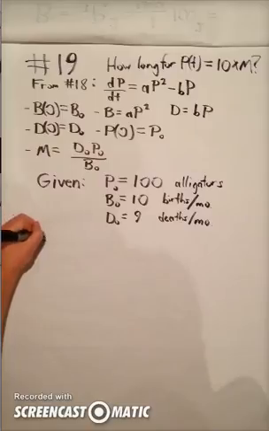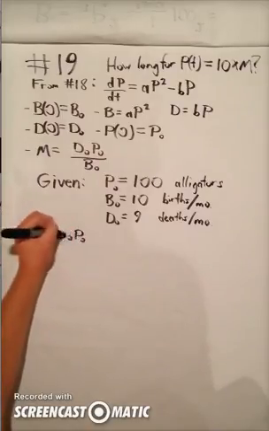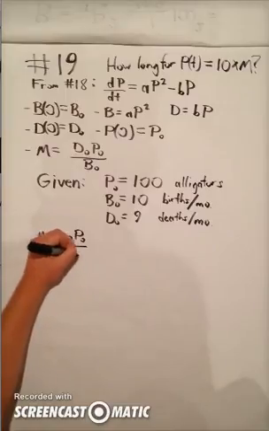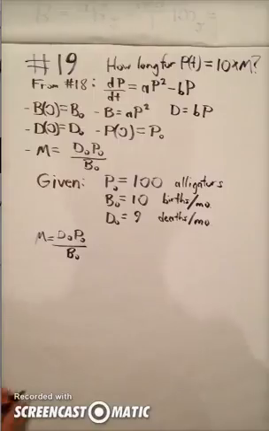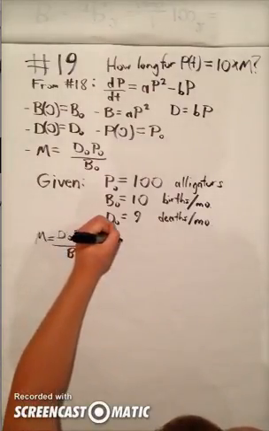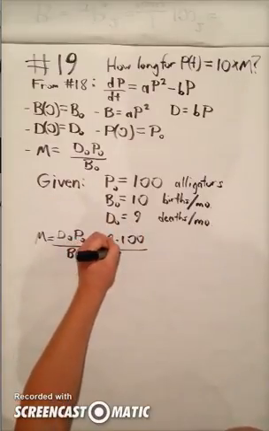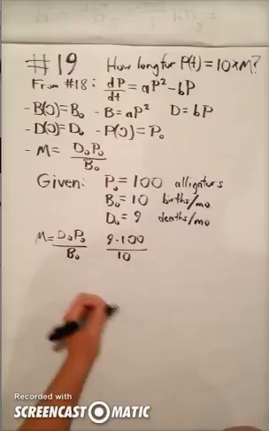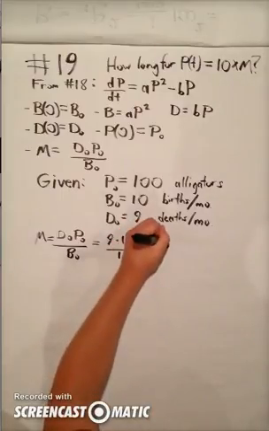M is d naught p naught over b naught. In this case, d naught is 9, p naught is 100, b naught is 10. We compute that, and we have 90.